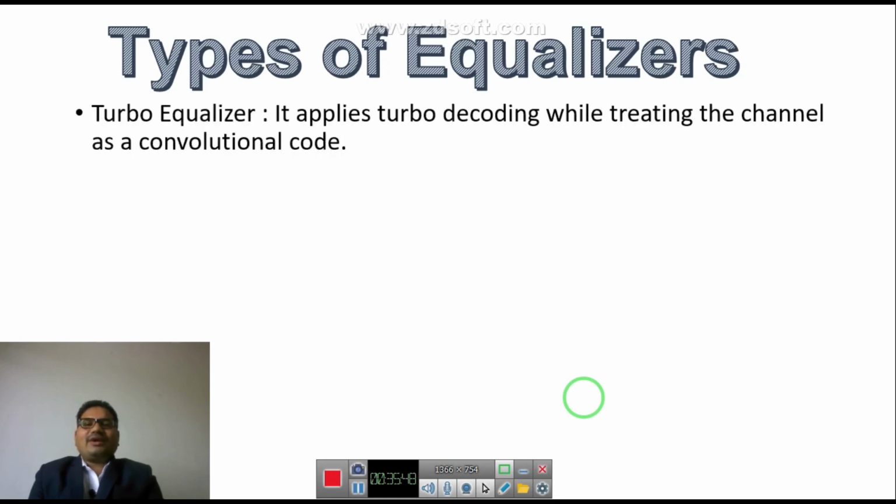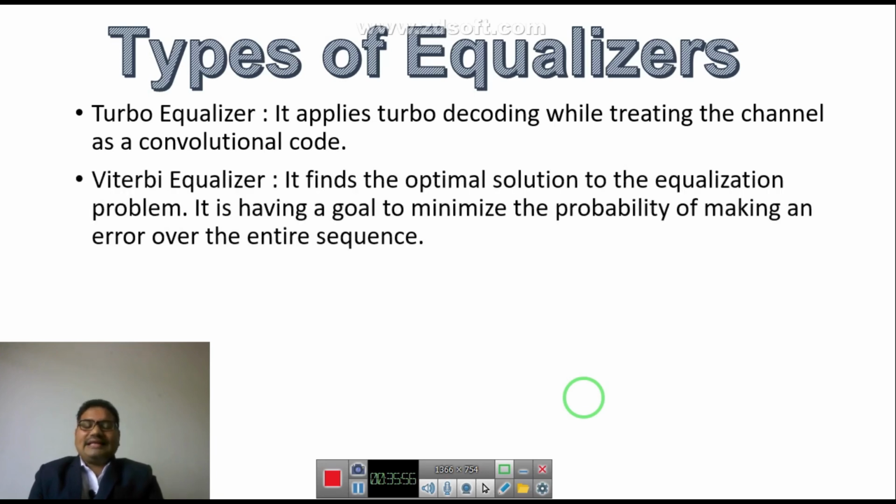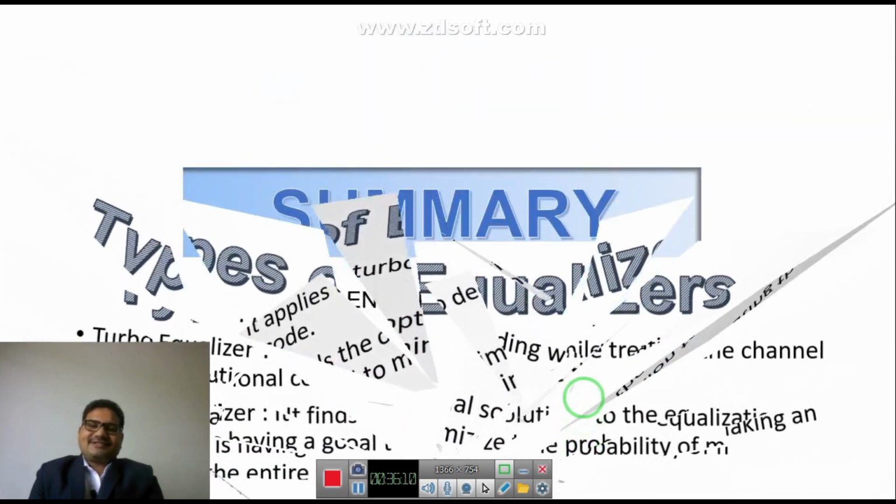The next is the turbo equalizer, which applies turbo decoding while treating the channel as a convolutional code. Then the Viterbi equalizer is also there. It finds the optimal solution to the equalization problem, with the goal of minimizing the probability of making an error over the entire sequence.